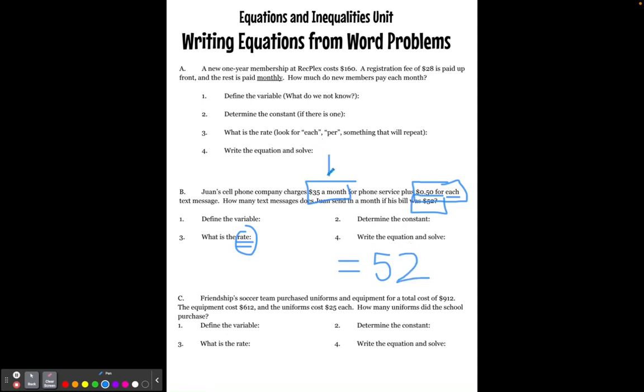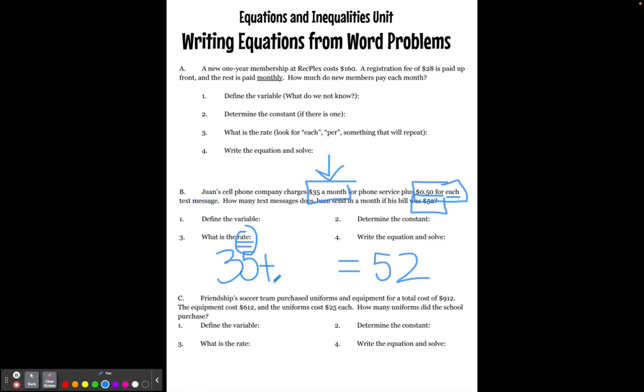We know for sure we paid a flat fee of $35, right? And then we're going to add 50 cents per text message or for each text message. So I personally would put a T for text message, but since I'm drawing this on my computer and my handwriting might not be as obvious, I'll just call it an M for a message.